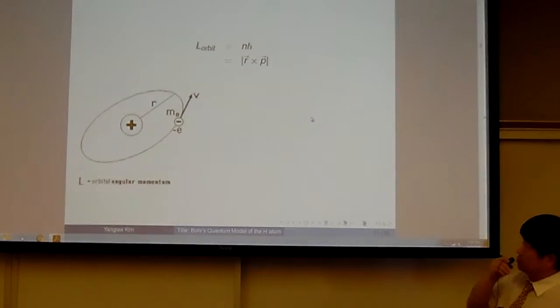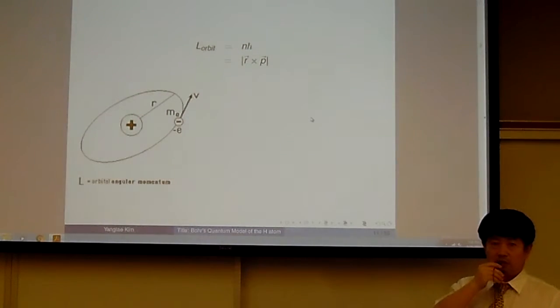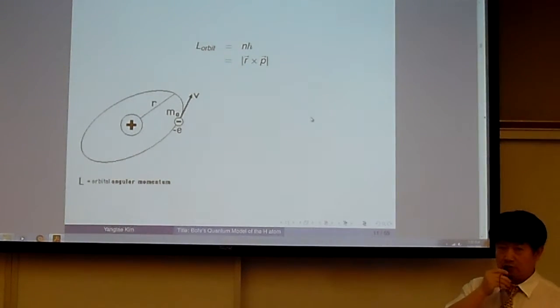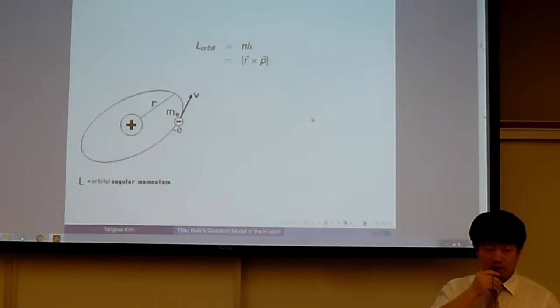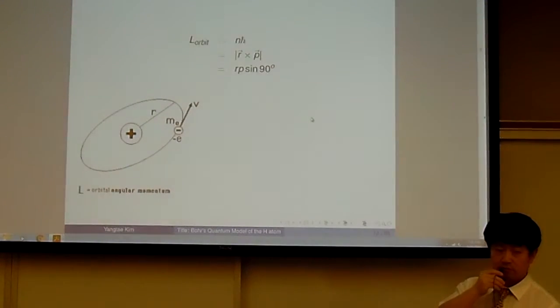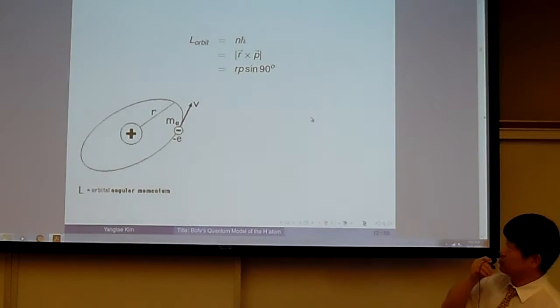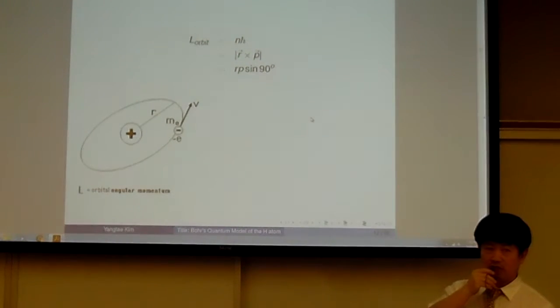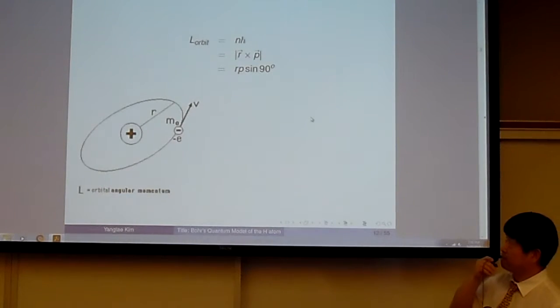So angular momentum is n h bar, but we also know it can be expressed in terms of r and momentum p as a cross product. The magnitude involves the sine of the angle between the two vectors.